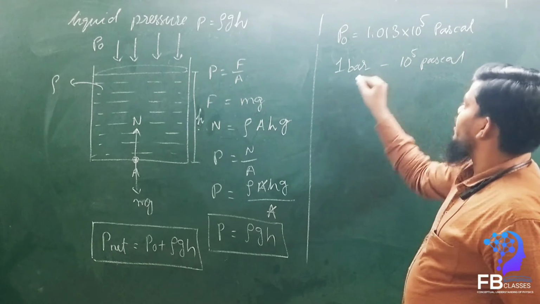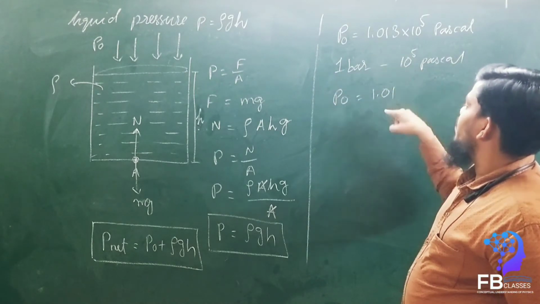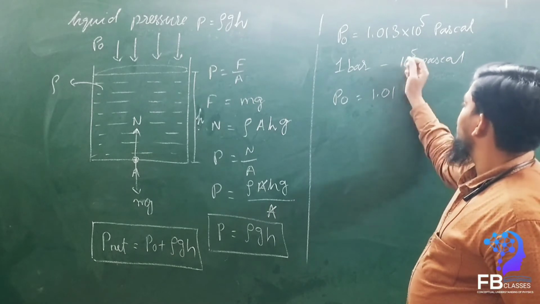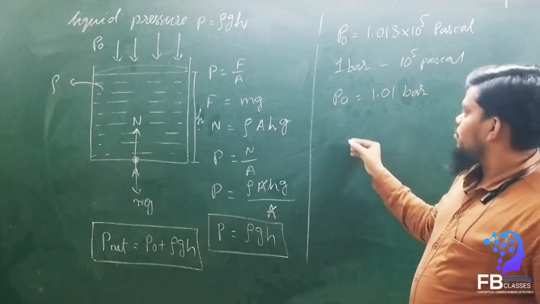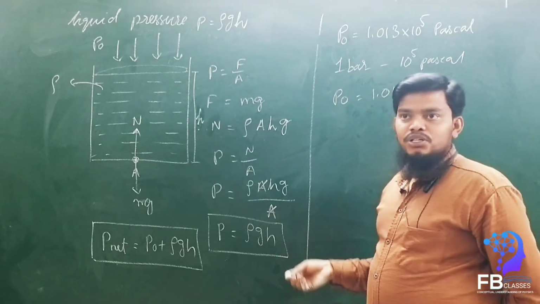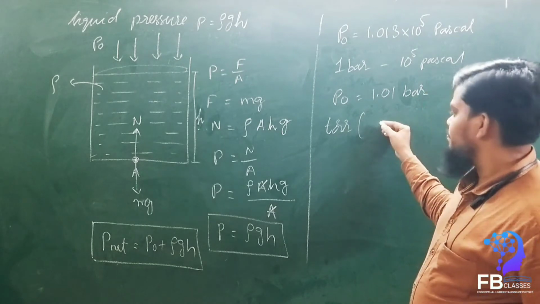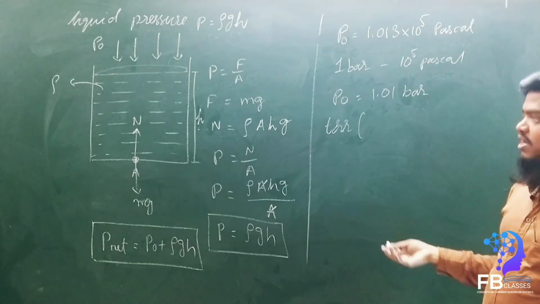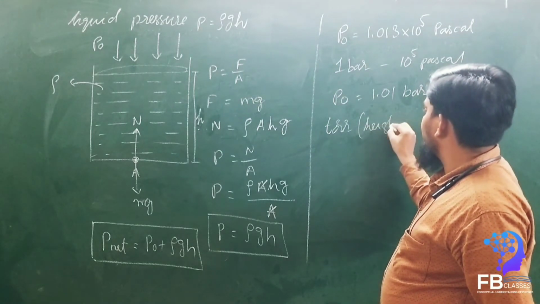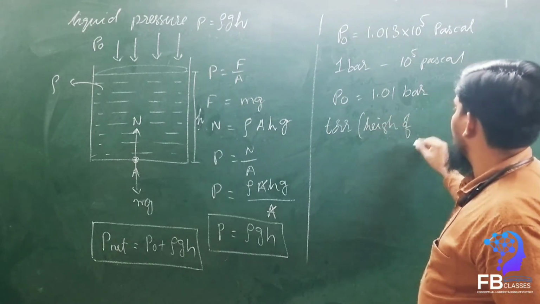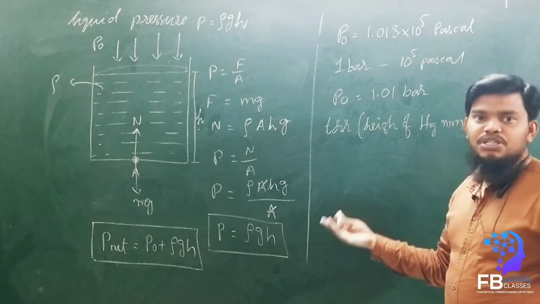If you want to write the atmospheric pressure in bar, P naught is equal to 1.01 bar. We can also write it in the form of torr. Torr is nothing but the height of the mercury column, Hg, in millimeter or centimeter, whatever it may be.